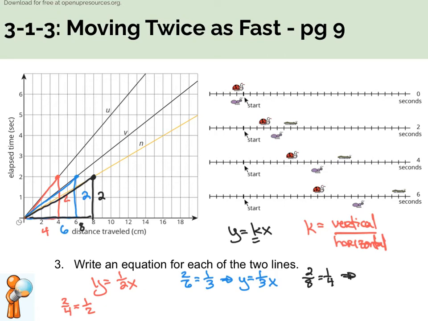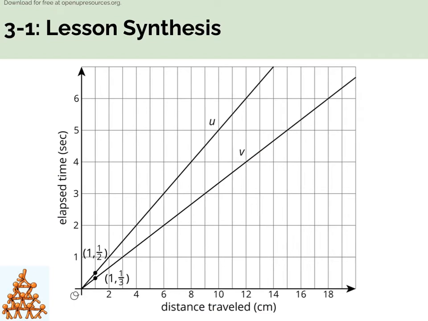So the spider's equation is y equals 1 over 4x. So as you can see, we can actually write equations with these lines, with the slope triangles. We can look at those different things and notice how on here that 1 comma 1/2, that was the constant rate of change. And then the 1 comma 1/3, that was also that constant rate of change. And we can also find this through slope triangles as far as writing the equation themselves.